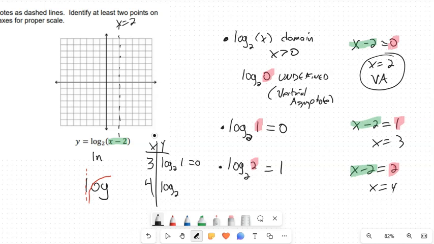And log base 2 of 4 minus 2 is log base 2 of 2, and that's 1. So we have 3, 0, and 4, 1. We label that scale. x equals 2 labels the x scale, but you can go through and label that one as well to make sure. And we have this shape, which is the great log shape, the most basic one. One side is going vertical, while the other side goes off to a right or left infinity.